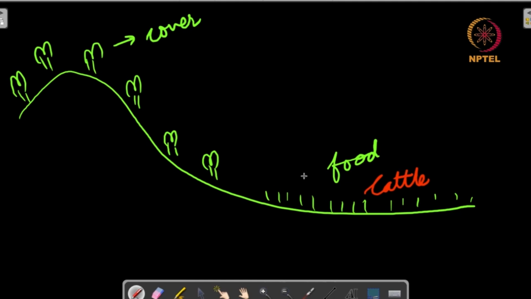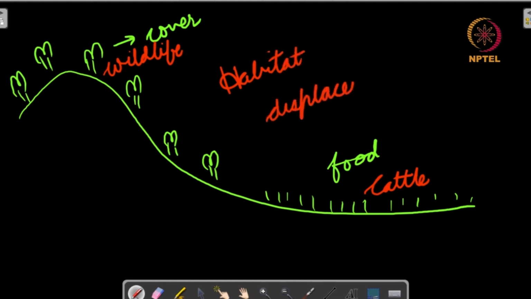And so, slowly and steadily, we will find that all the wildlife is getting accumulated in these hilly areas, and in the plain areas, you do not find a single wildlife. Now, this process is known as habitat displacement. That is, you are displacing the wildlife from a position here to a position here.